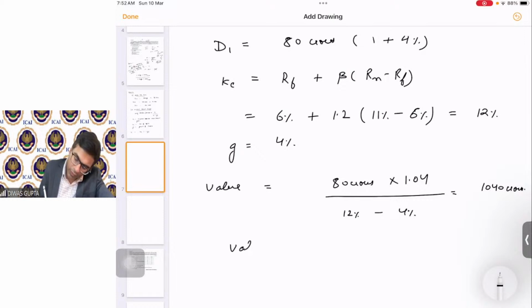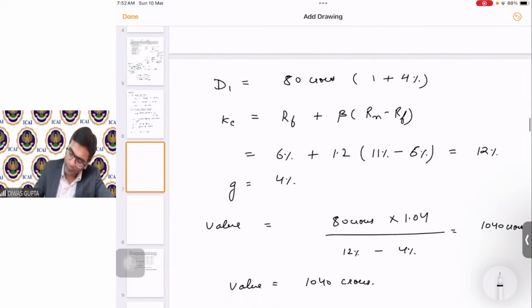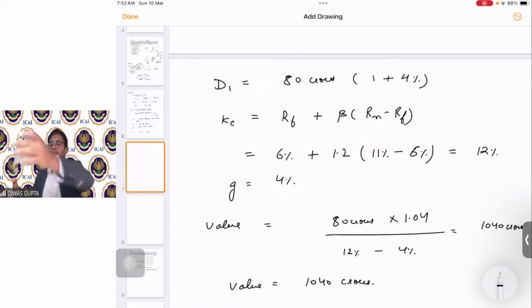So the value is equal to 1040 crores using the dividend growth model, which is also called Gordon's model, students. I hope this is clear.